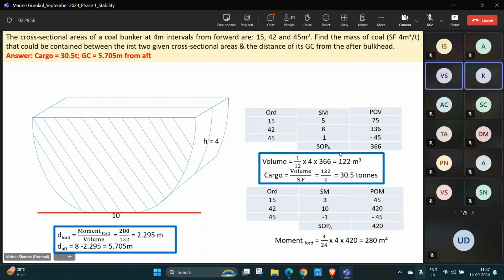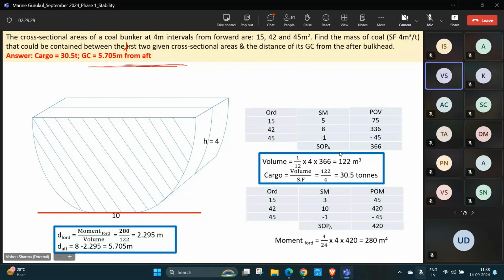The cross-sectional areas of a coal bunker at 4 meters interval, h is 4 meters, from forward are given. Find the mass of the coal of stowage factor 4 cubic meters per ton that could be contained between the first two given cross-sectional areas. Now guys, if you remember question number 13, where cross-sectional areas of the cargo hold were used, we decided to make a diagram like this.